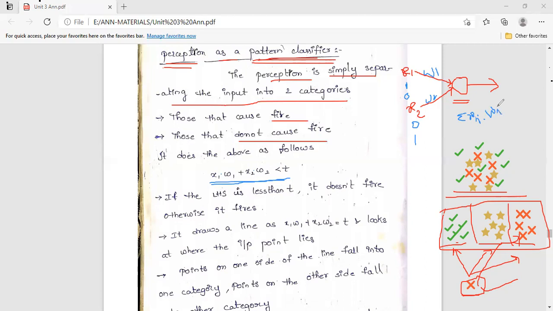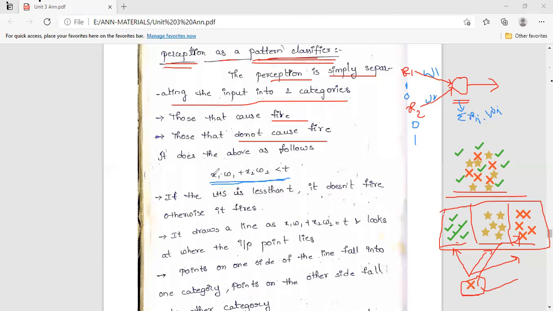This is the summation function at this point, with i equal to 1 to n. So this is the formula here.